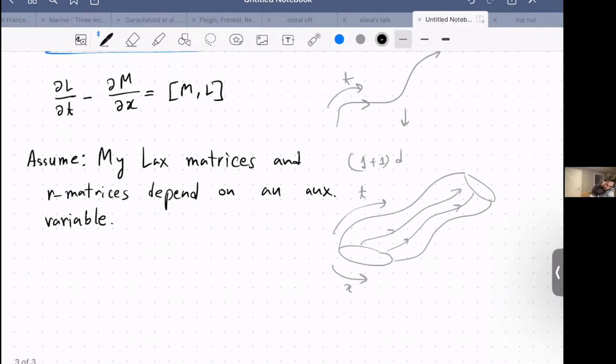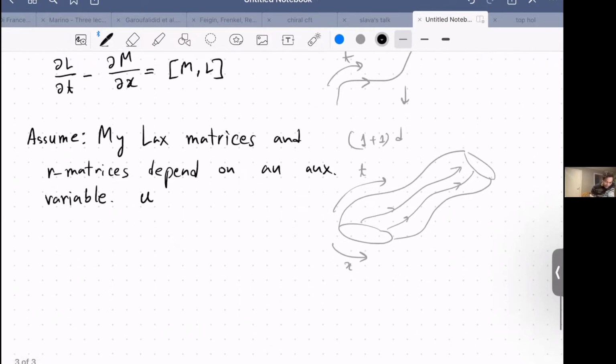And I will use the symbol U for this auxiliary variable. Now, what it means is that, so by definition, L is a function of position now. By position, I mean this new position coordinate, not position in the phase space. X, t, and your phase space variables, q and p, right? And so is M, and so is R.